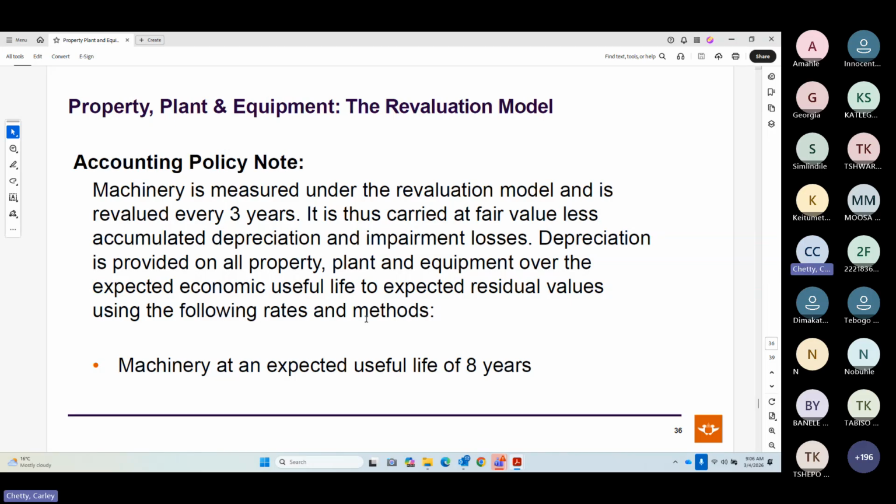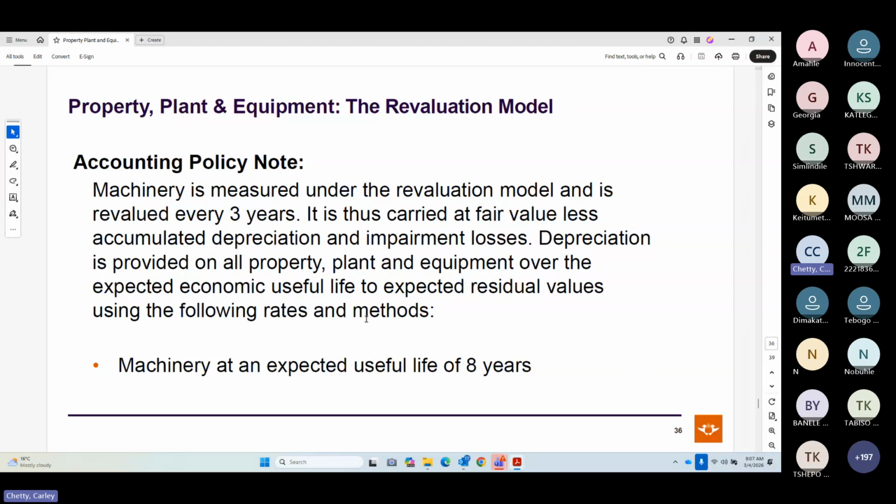Here we are just repeating information that is given to us in the question. We are saying what the accounting policy is, how we do under the revaluation model for this company. They told us in the scenario that the revaluation model is used and the machinery is revalued every 3 years.